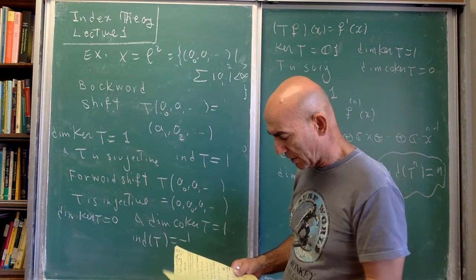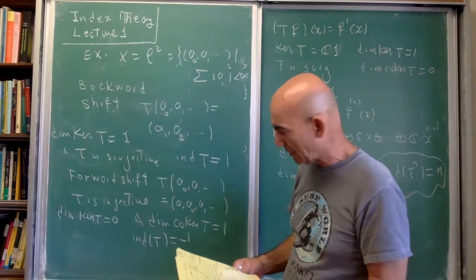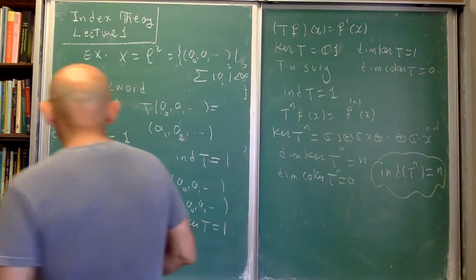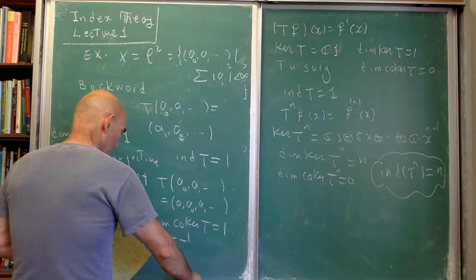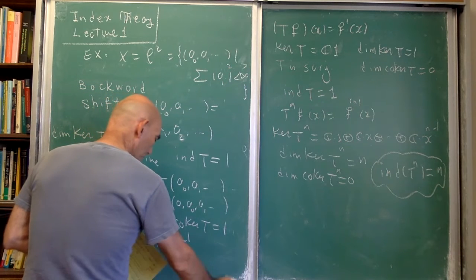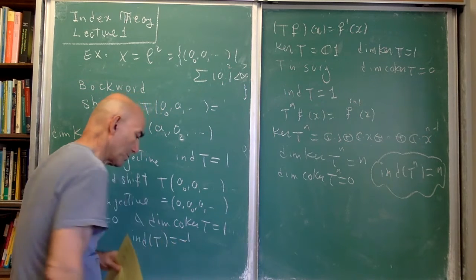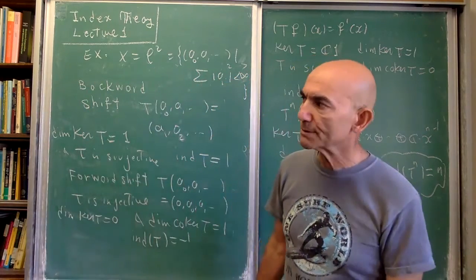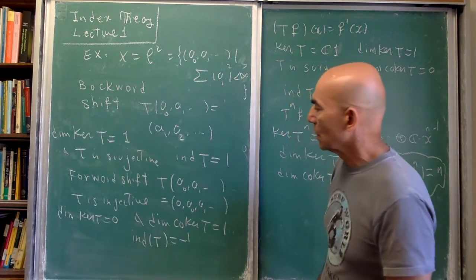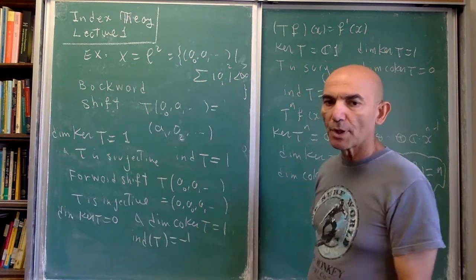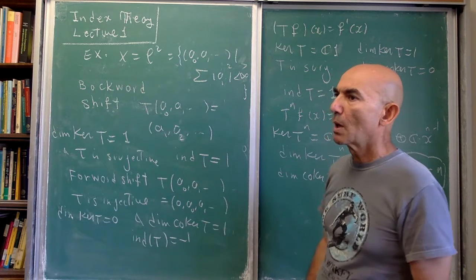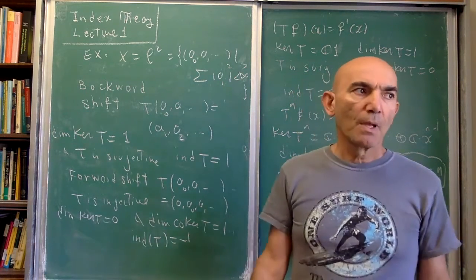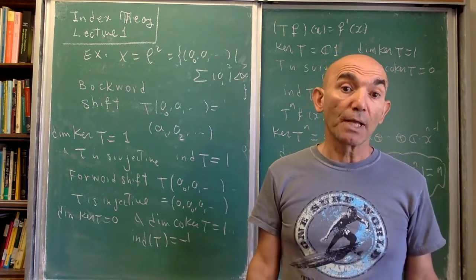So one more result that is going to be very, very important for us is the stability of index under perturbations. So in this purely algebraic case, the result is a stability of index under perturbations by finite rank operators.